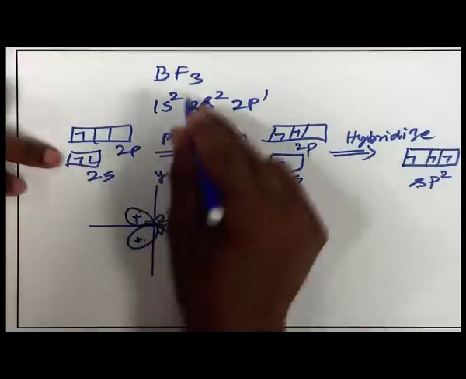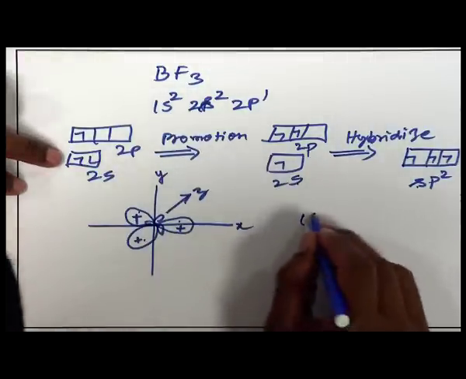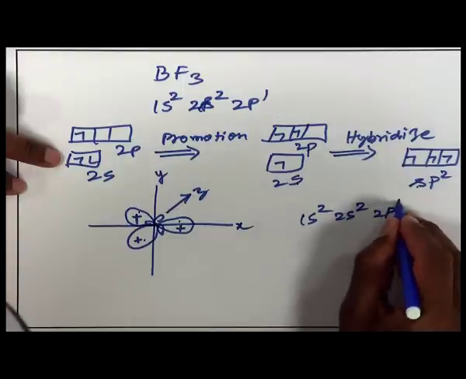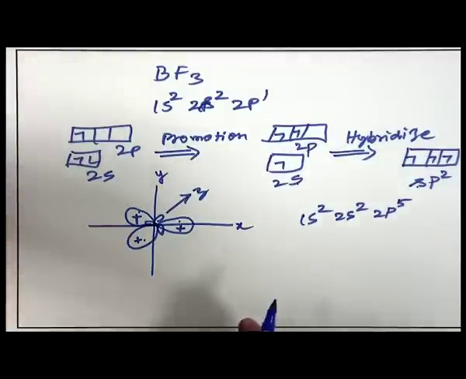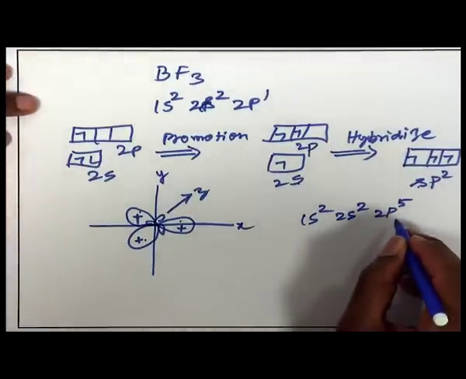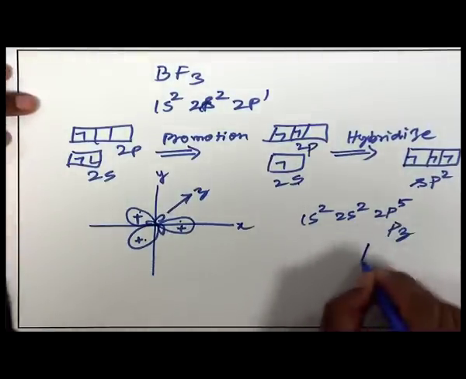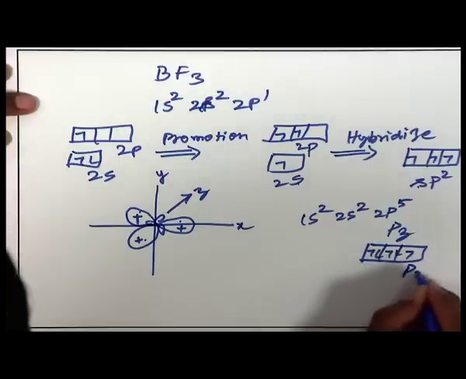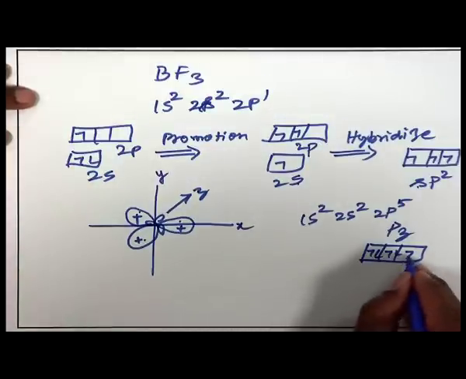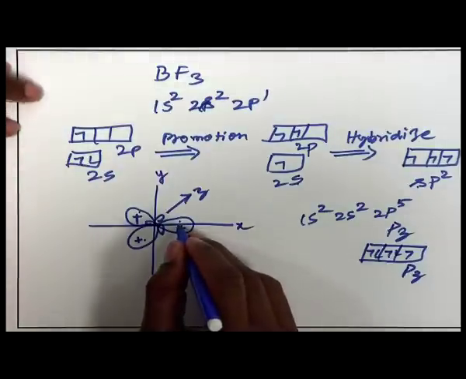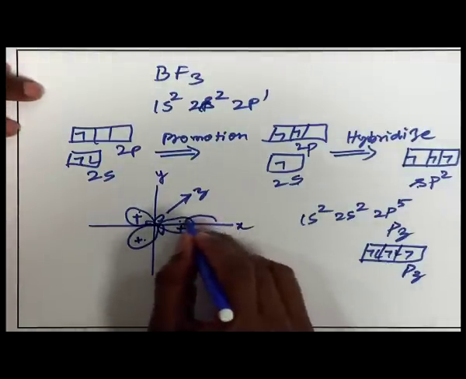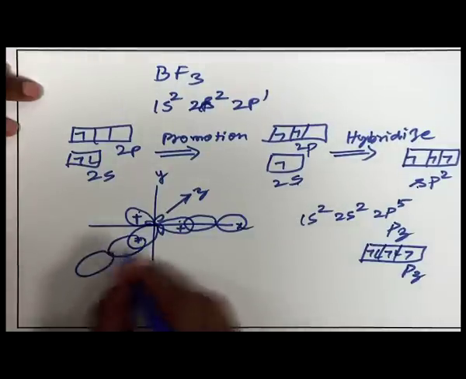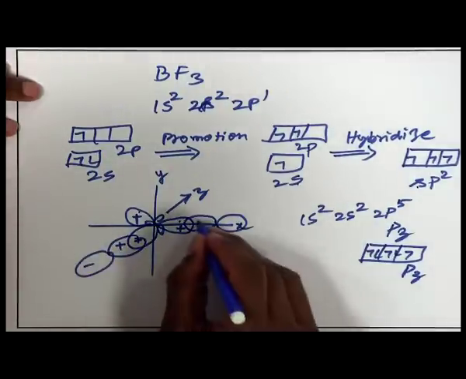So, for example fluorine, the electronic configuration is 1s2, 2s2, 2p5. It has 1 unpaired electron in the pz orbital, which can combine with the hybridized orbital of the boron atom and form a bond like this, positive negative.